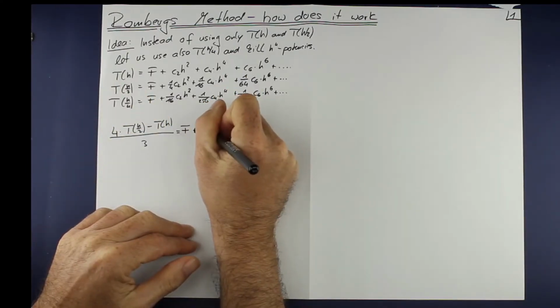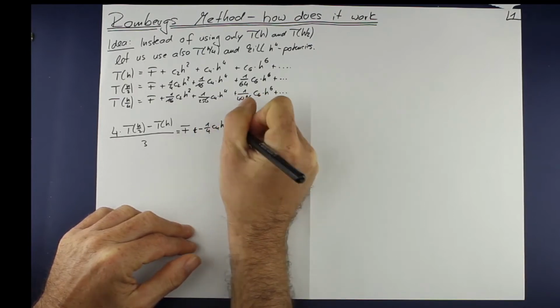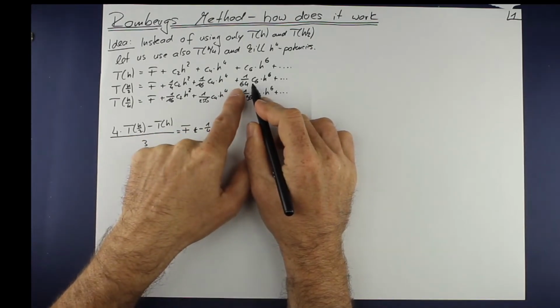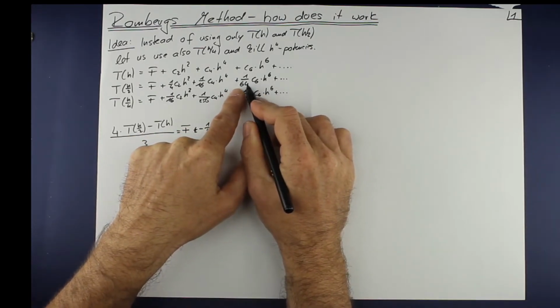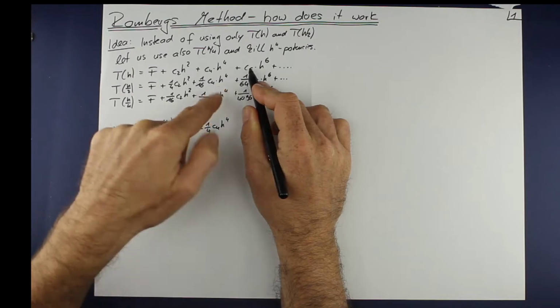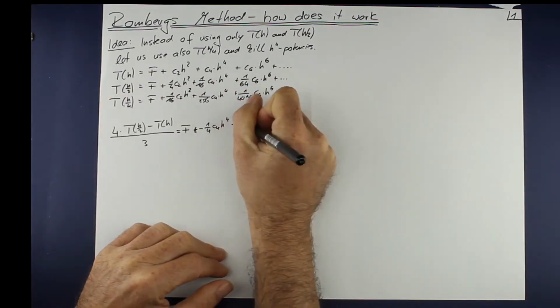So minus 1/4 C4 h to the fourth power. And then here 4 times that is 1 divided by 16, minus that is minus 15 divided by 16, divided by 3 is minus 5 divided by 16.